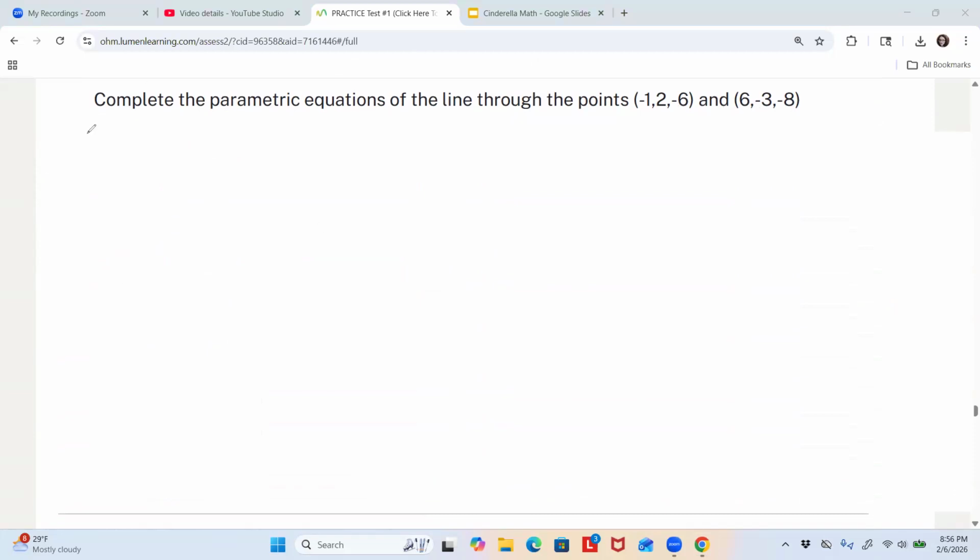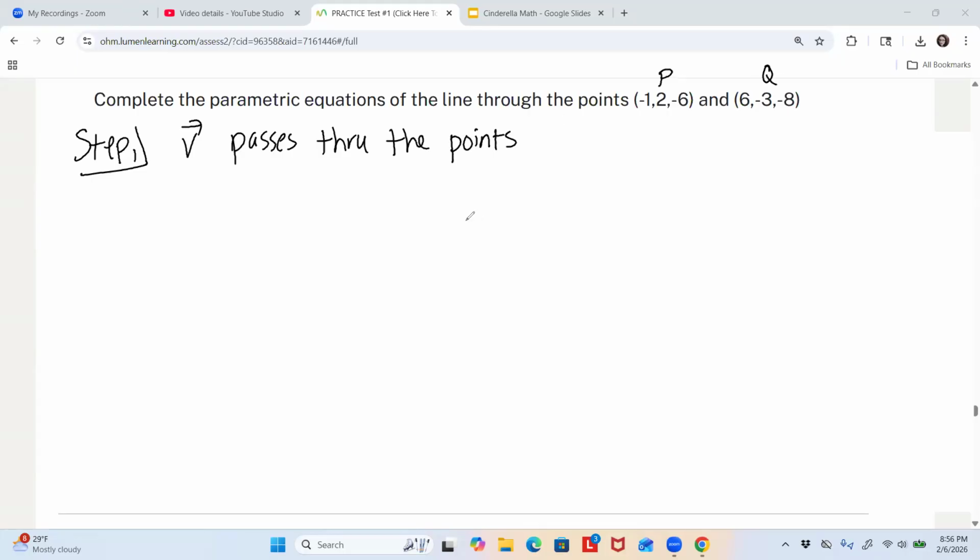All right, so step 1, find v, the vector that passes through the 2 points. So you can kind of let this one be p and this one be q. So we can say we're going to find pq.